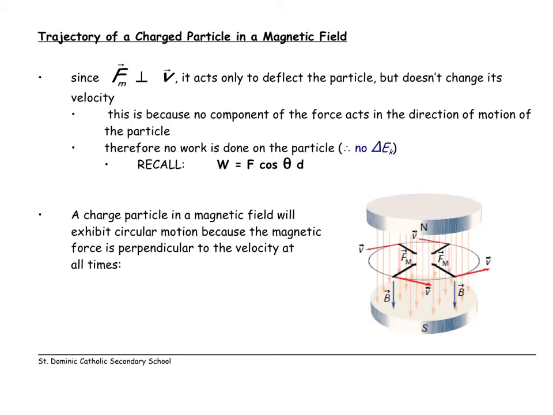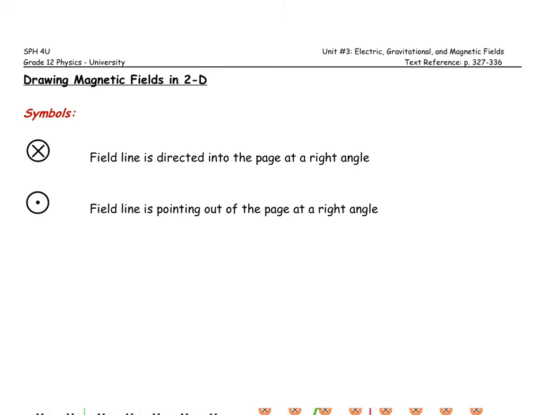Okay, now on to some other conventions in magnetic fields and forces. Sometimes we'll draw magnetic field lines in 2 dimensions as coming in or out of the page. And it's going to be really important for you to understand what these symbols mean.